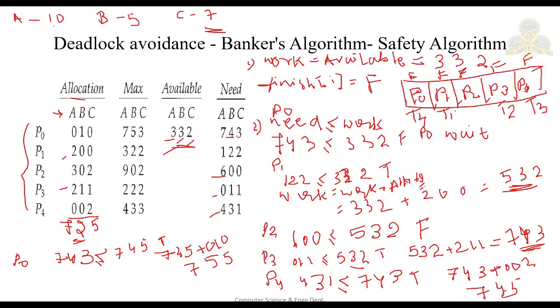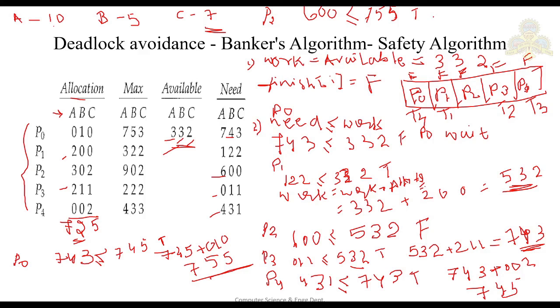Then which is the last one? P2, right? So I'll write here P2. You have to check whether need is less than or equal to work. What is the need of P2? It is 600 here, right? So check 600 is less than or equal to, this is the updated value of work, 755. So it becomes true, right? Now you have to calculate the new work value.